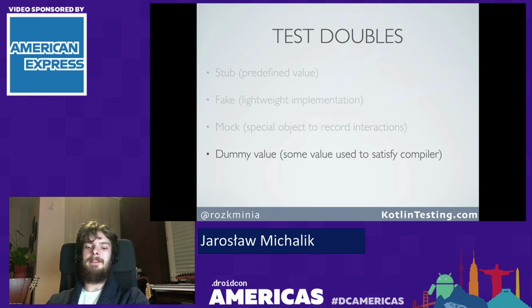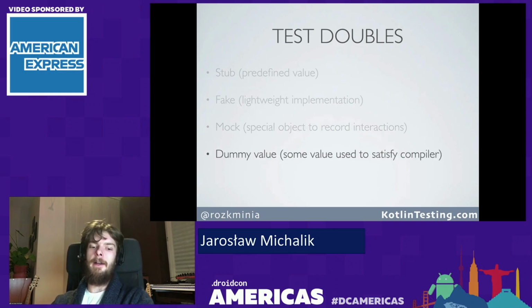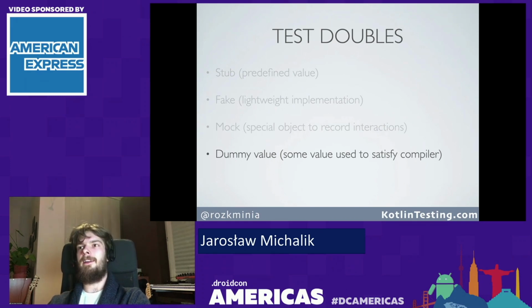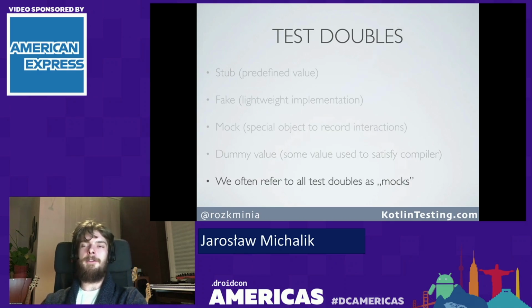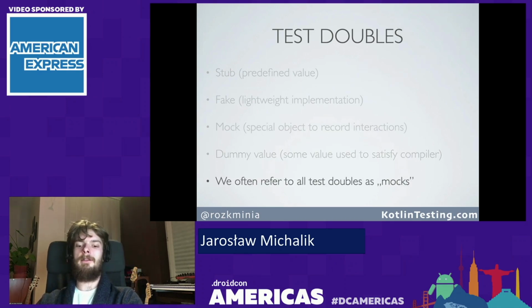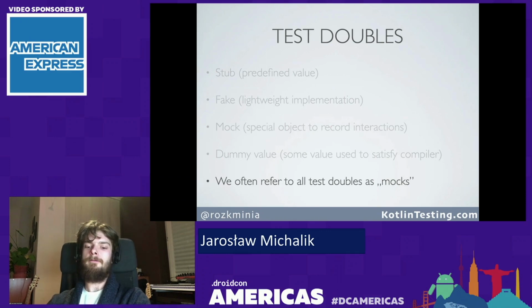And finally, dummy value, some property we pass to unit test just to satisfy compiler, but we don't take it under consideration. But it's good to remember that we often refer to all test doubles as mocks.